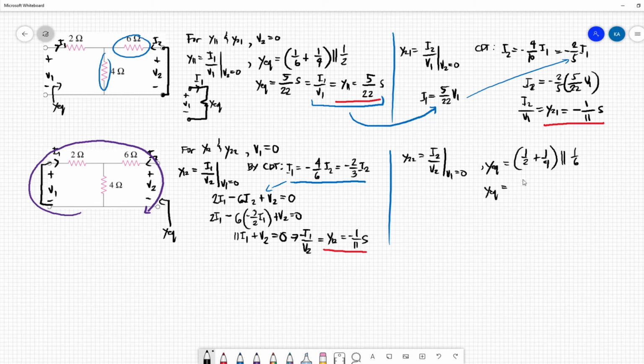YEQ is 3 over 22, which is equivalent to our I2 over V2, which is our Y22. So our Y parameters, we have 5 over 22, negative 1 over 11, negative 1 over 11, 3 over 22.